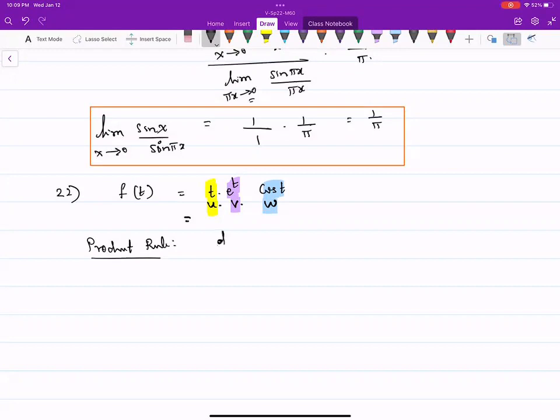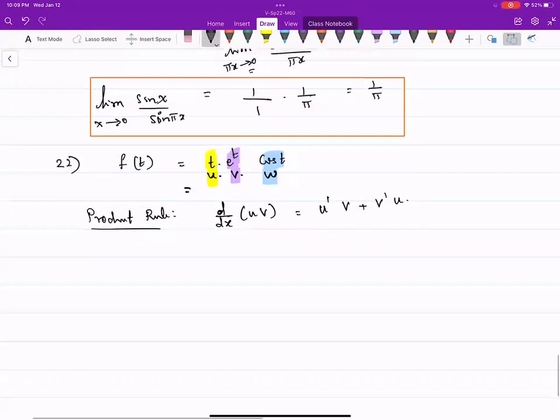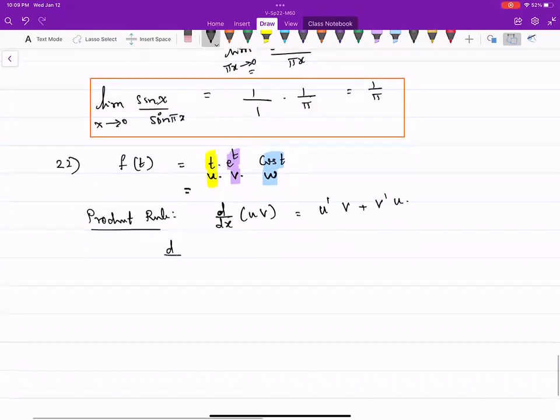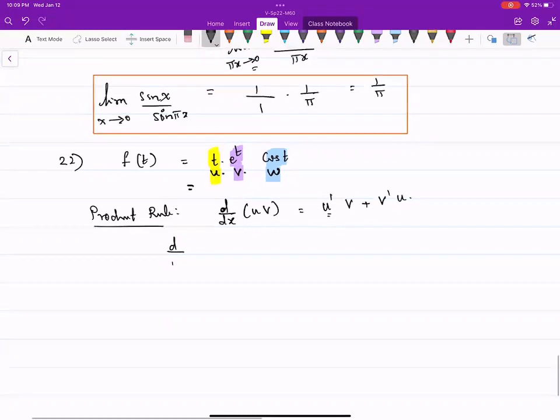The derivative of u times v is the derivative of the first times the second, plus the derivative of the second times the first. So at a time, you take the derivative of one function and multiply with the other. We'll use the same principle for u, v, w.